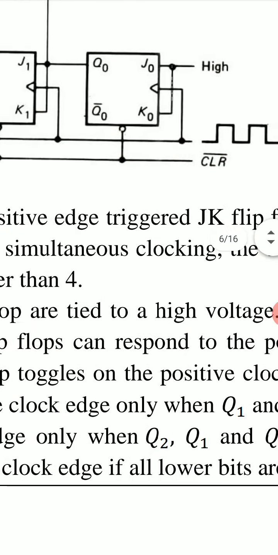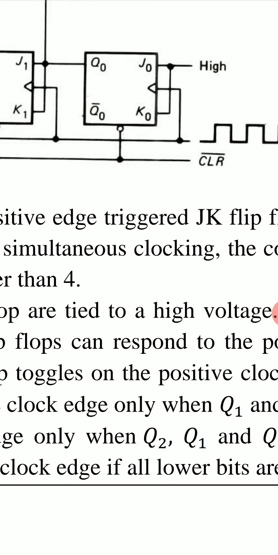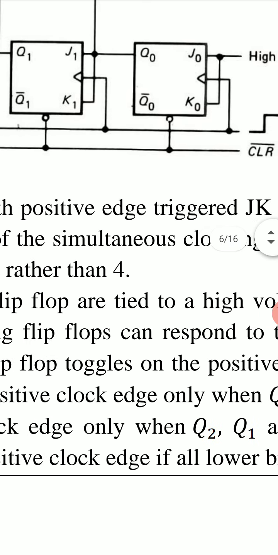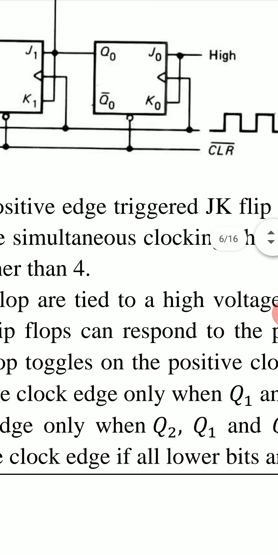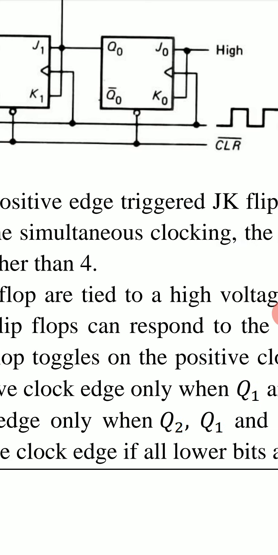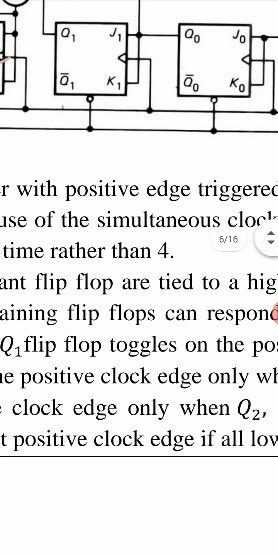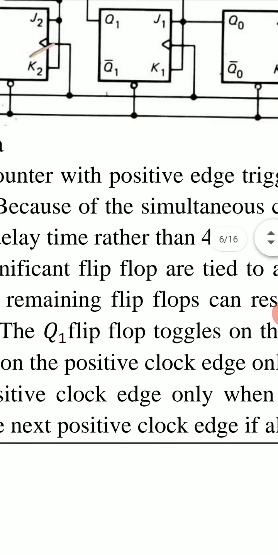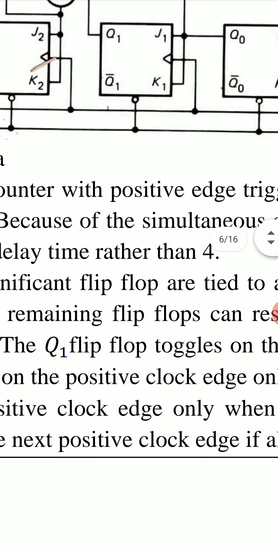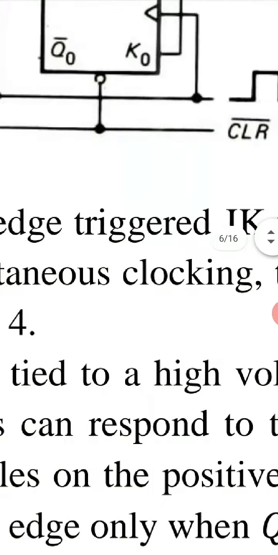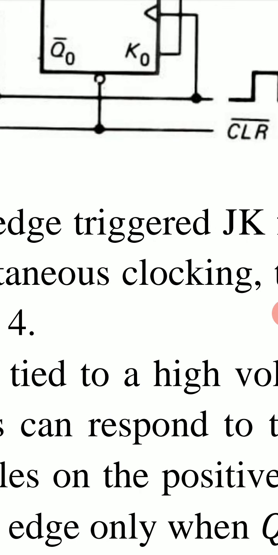With this, we have this CLR bar signal. CLR means clear. This CLR bar signal is also applied to all 4 JK flip-flops, and the bubble symbol indicates that it is low active.